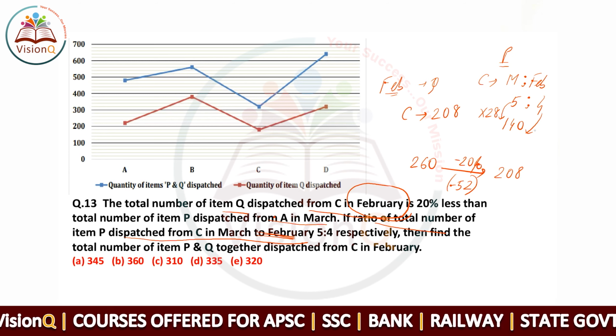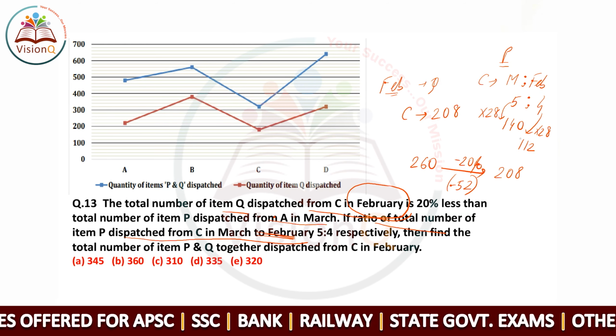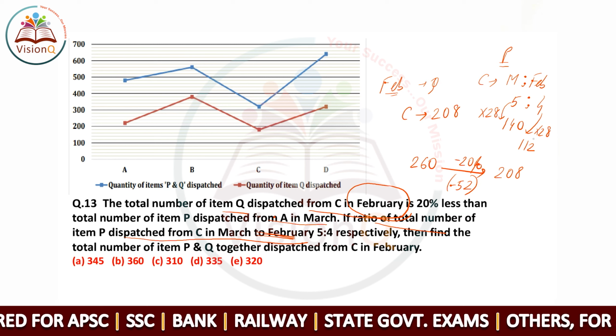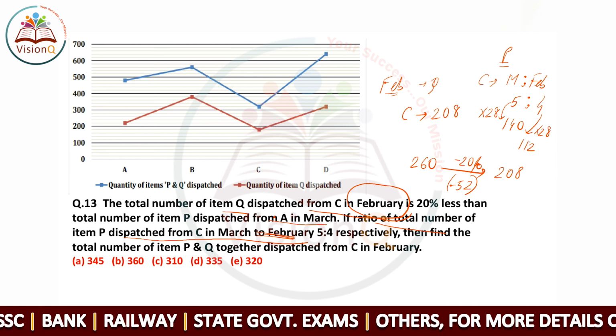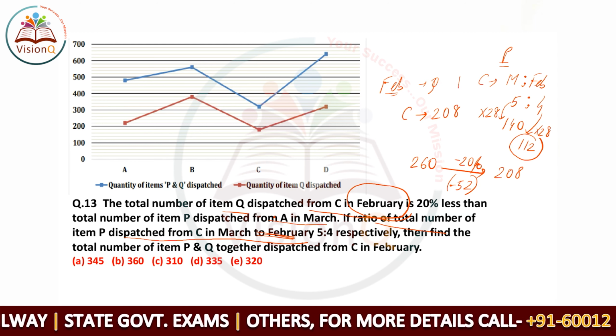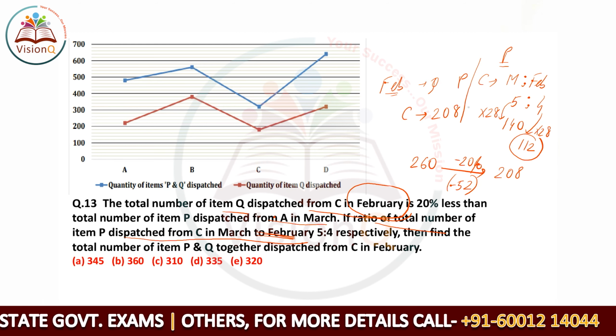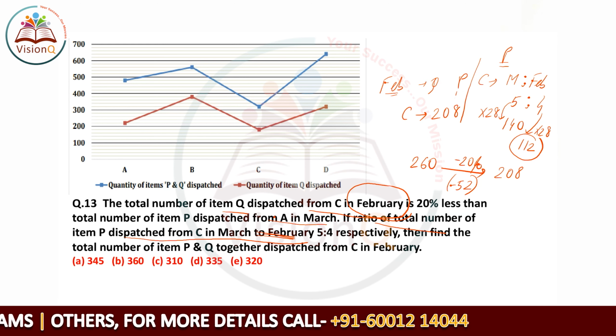Then 4 represents 4 into 28, which is 112. This is the total number of item P dispatched from C in February, which is 112.